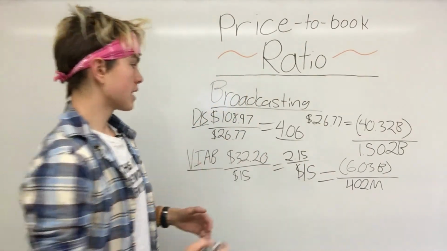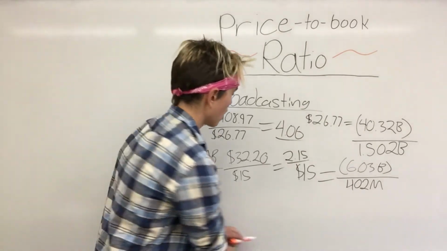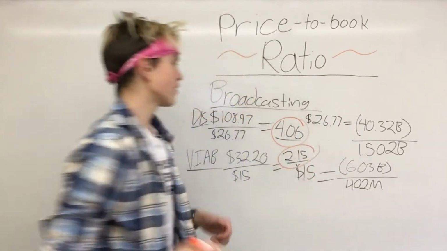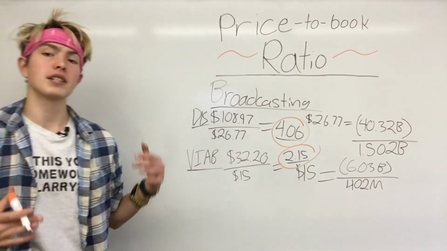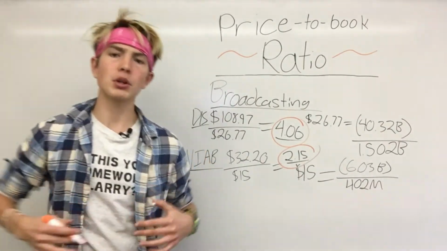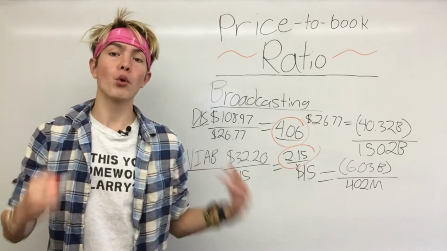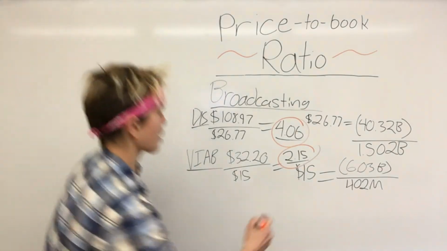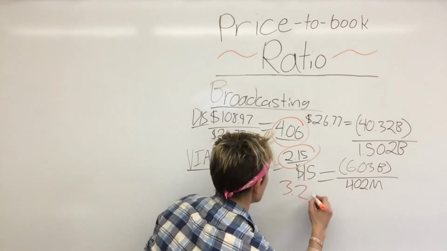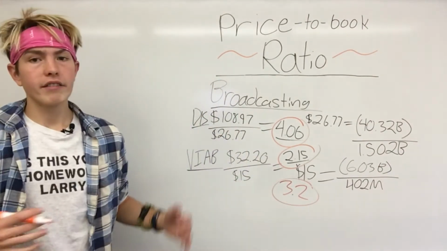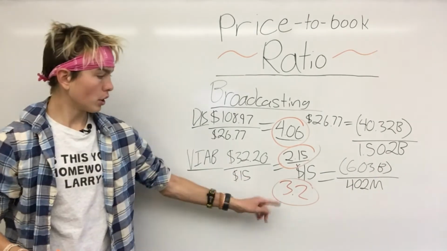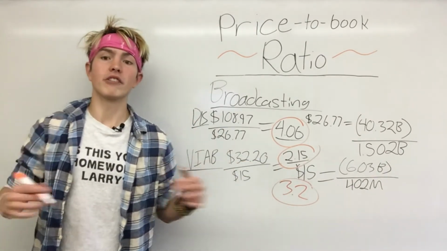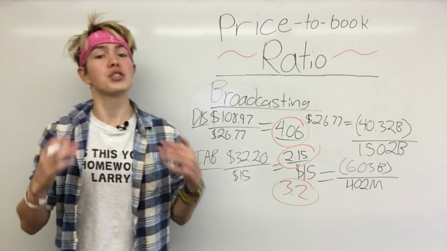So as you can see, Disney has a price to book ratio of 4.06, Viacom 2.15. So we've got some pretty drastically different price to book ratios within the same industry of broadcasting, and the industry average for broadcasting is actually 3.2. As you can see, Viacom falls significantly below the average with a 2.15, and Disney is sitting significantly above the average at 4.06.